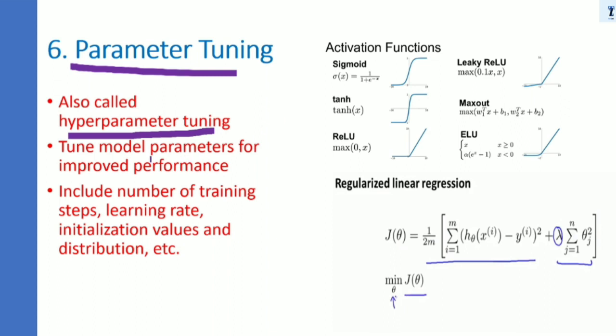So we have to increase the performance or efficiency of the model. For that, we are using some activation functions or regularized linear regressions and all, and also with the help of learning rate and initialization values and like that. With the help of these all, we can improve the performance or efficiency of our model. For that, this parameter tuning and all is used.